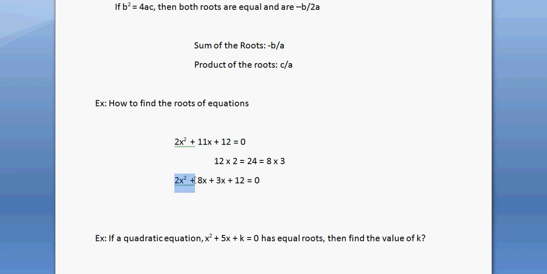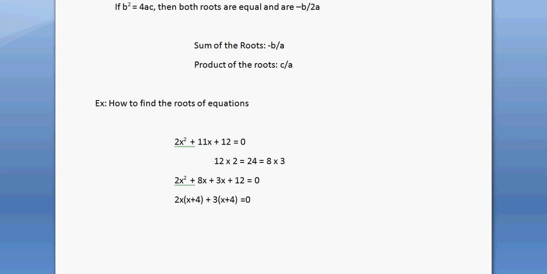Again from this 2x is common, so what we would get is 2x into x plus 4 plus 3 common, x plus 4 equal to 0. Now x plus 4 is common, and what we are left with is 2x plus 3.